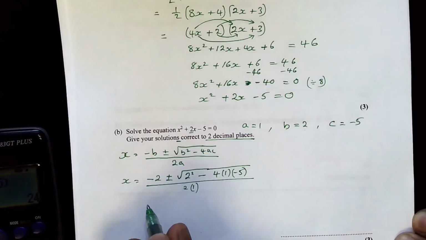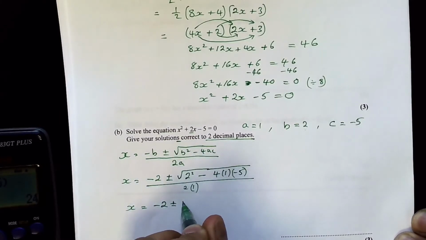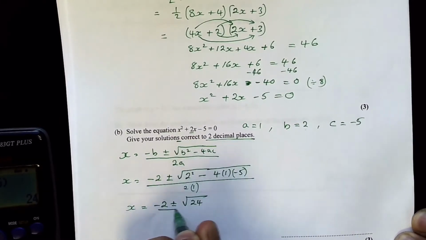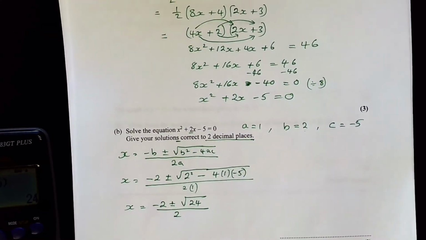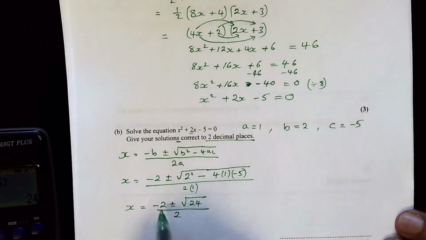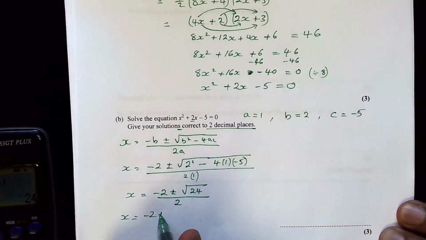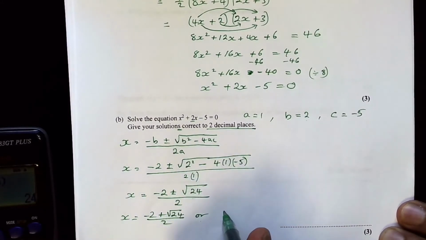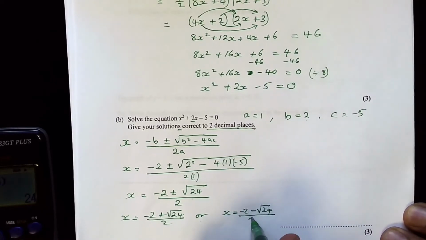So now my equation is x is equal to minus 2 plus or minus the square root of 24, all divided by 2. And to get the two answers, I'm going to now separate the plus and minus out. So x is equal to minus 2 plus the square root of 24 divided by 2, or x is equal to minus 2 minus the square root of 24, all divided by 2.